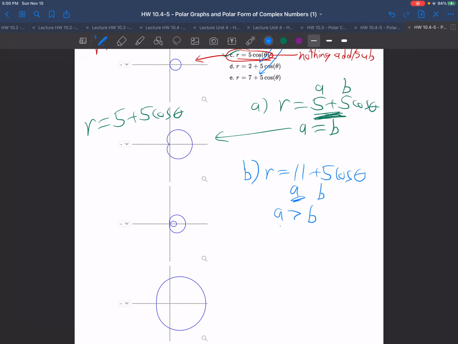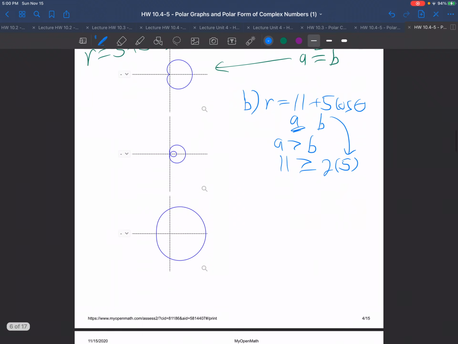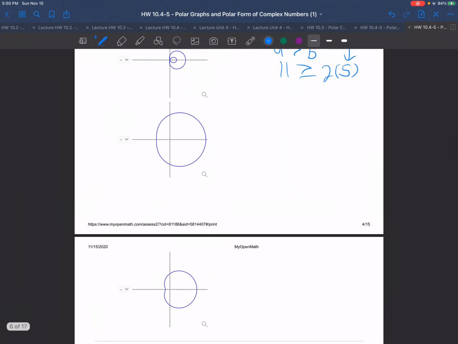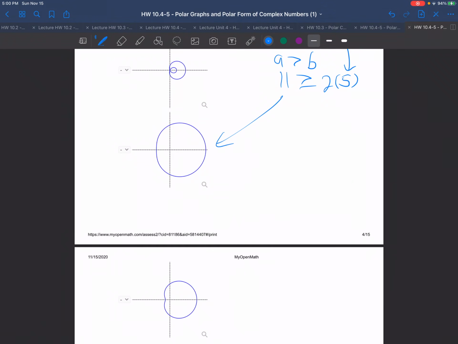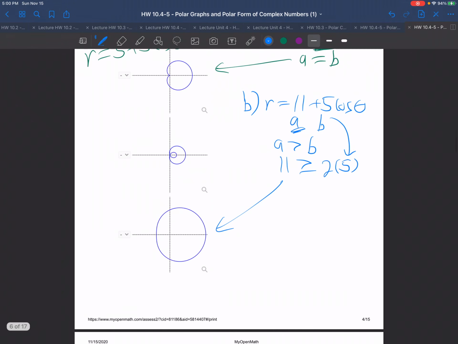Here A is 11, which is greater than or equal to 2 times B, 2 times 5, 10. So we're going to have one without even a dimple. So it's going to be this one.